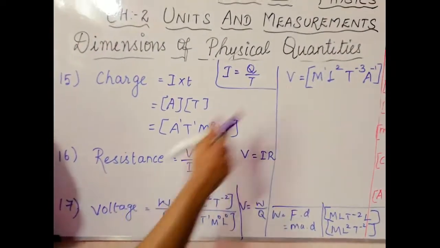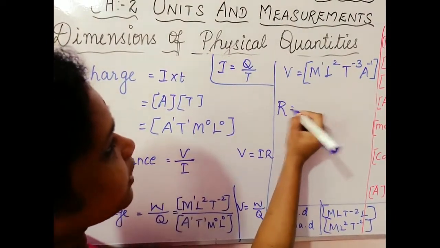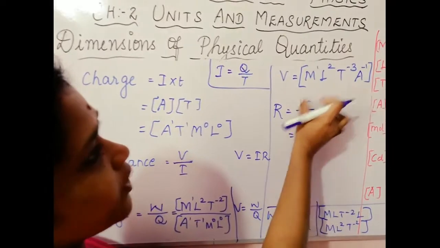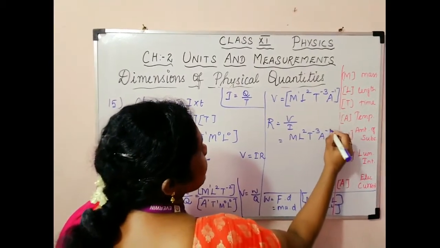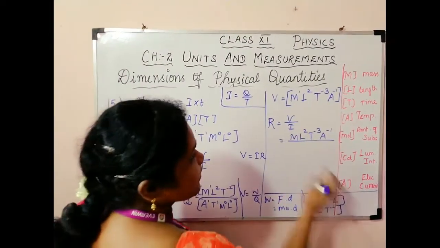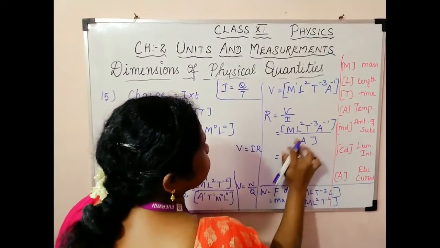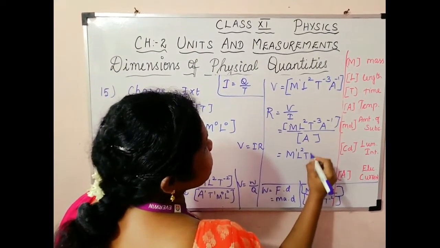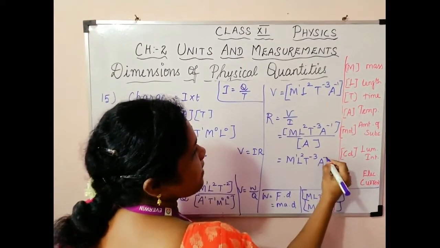So once you find out the dimensional formula for voltage, you can substitute in resistance. Resistance is equal to V by I. So the potential difference formula, M power 1, L power 2, T power minus 3, A power minus 1, divided by current, that is electric current, ampere, A. So M power 1, L power 2, T power minus 3, and this A, if it goes up, it is minus 1, so A power minus 2.